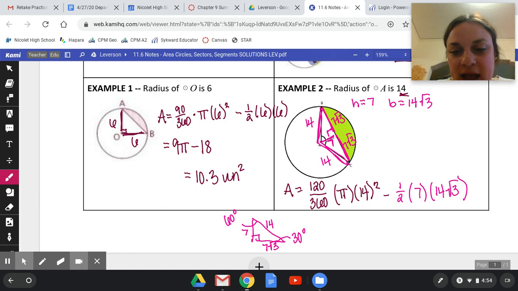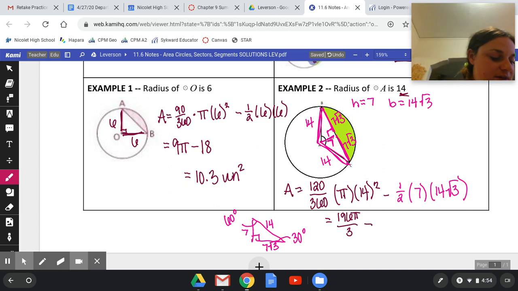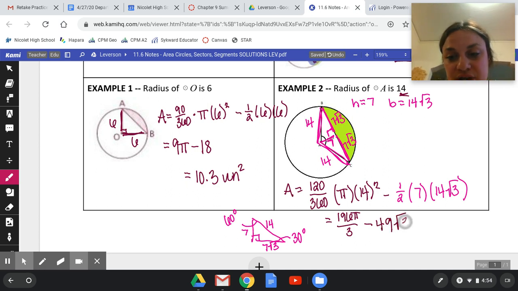So my area is equal to 196 pi over 3. That would just be the area of the sector minus the area of the triangle, which is 0.5 times 7 times 14 root 3. So minus 49 root 3. So that would be my exact answer.